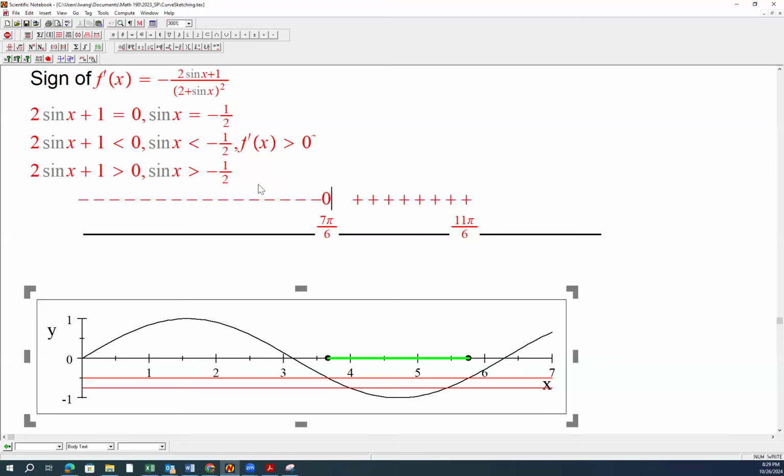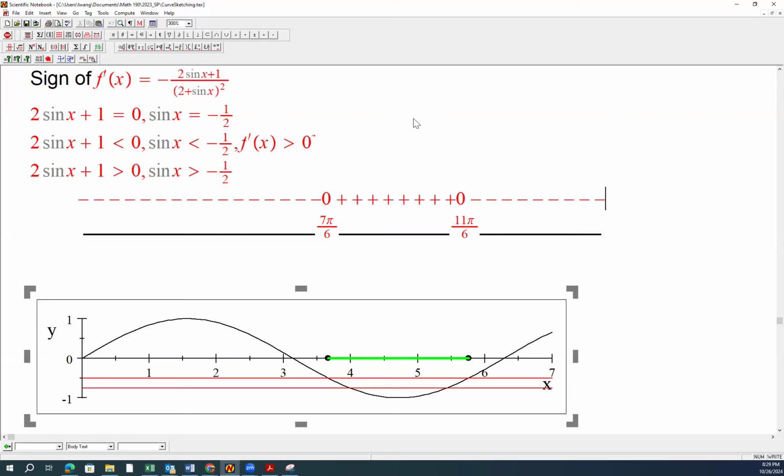And here, of course, is 0, and here is 0, and these will be negative. We have many intervals with such a situation.